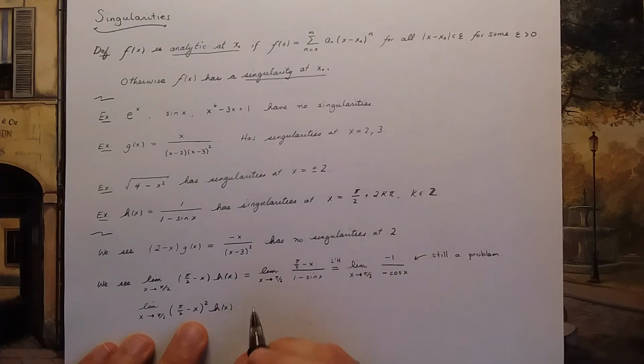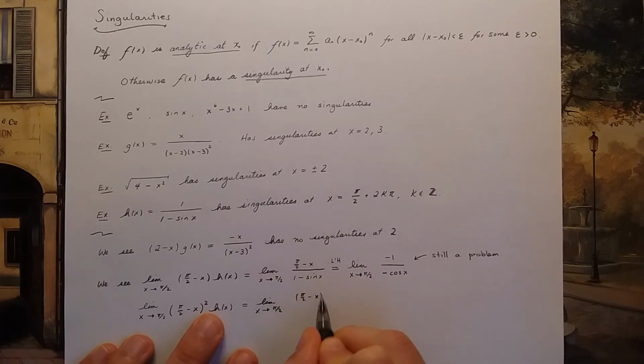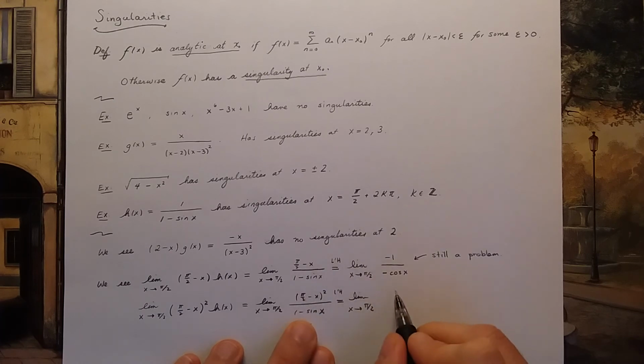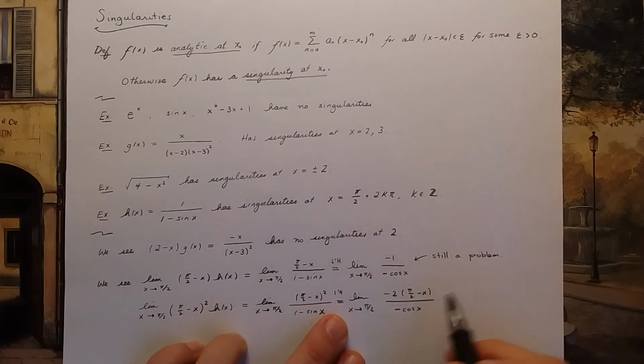Well, let's see what happens. I get the limit as x goes to pi over 2 of pi over 2 minus x squared over 1 minus sine x. Still I have a 0 over 0 issue, which I can resolve using L'Hopital's rule. I take the derivative and get negative 2 times pi over 2 minus x divided by negative cosine x. And this time I again have a 0 over 0 issue as x goes to pi over 2.